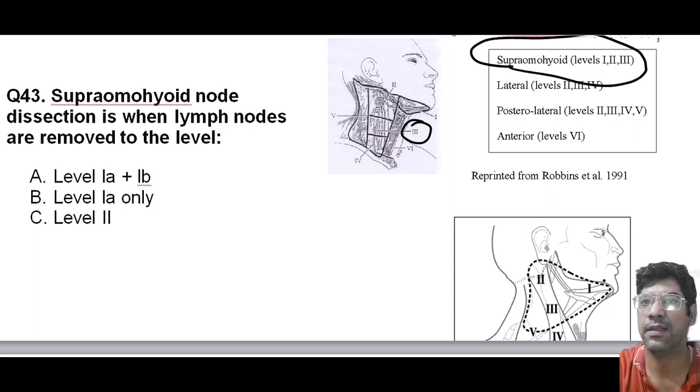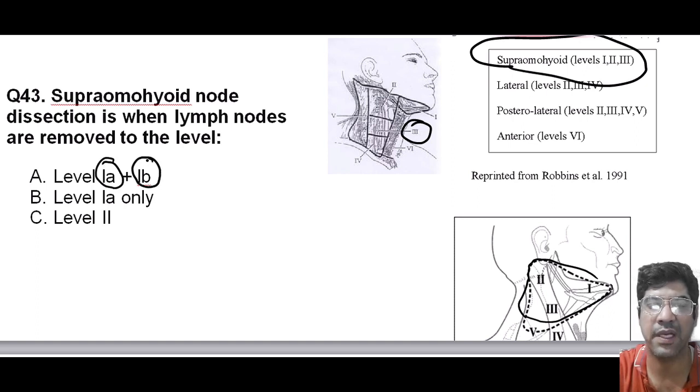So this is supraomohyoid dissection. Level 1A refers to removal of lymph nodes in the submental region, and 1B refers to the removal of the submandibular nodes.